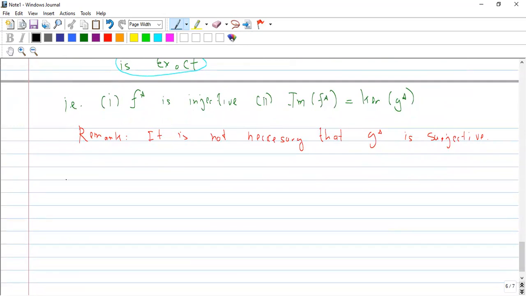So now I will give you an example which shows that g star is not necessarily surjective.